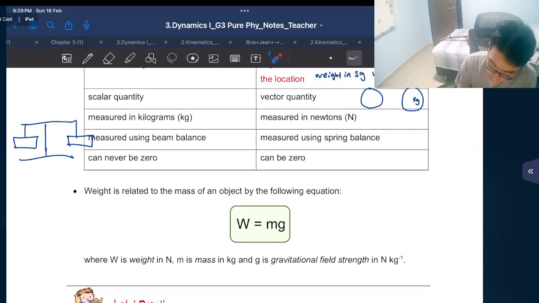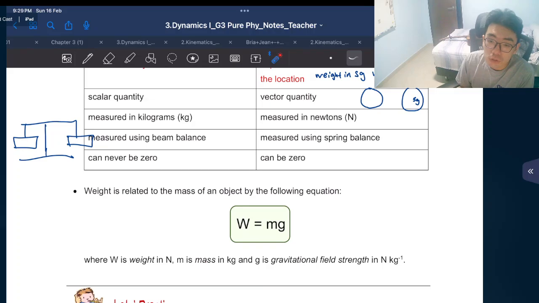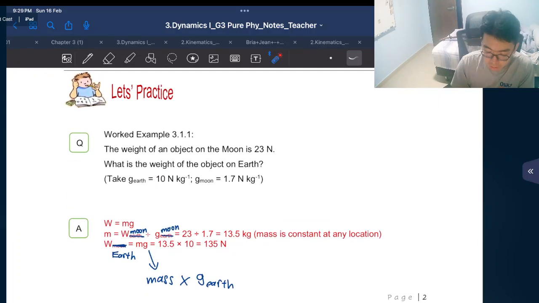So weight is related to the mass of an object. The weight will be equal to mass times gravitational field strength. So your mass multiplied by your gravitational field strength will give you your weight. Let's practice a bit. They give you the weight of an object on the moon, and they're asking you the weight of the object on Earth.